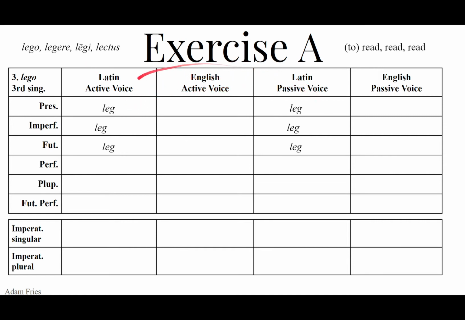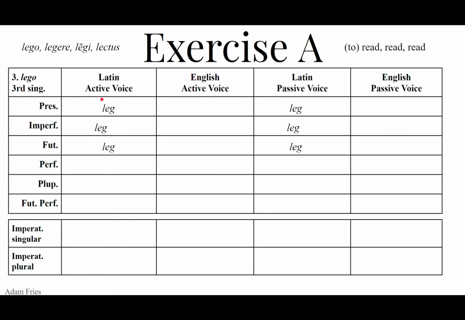That part is the same as the first and second conjugation. In the first and second conjugation, however, the present stem is found by chopping the re off of the second principal part. Do not do that to find the present stem of a third conjugation. You chop the o off the first principal part to get leg.